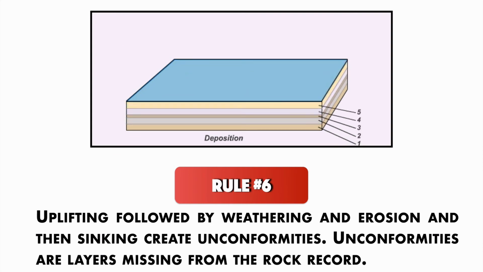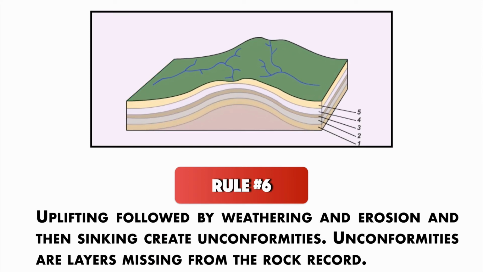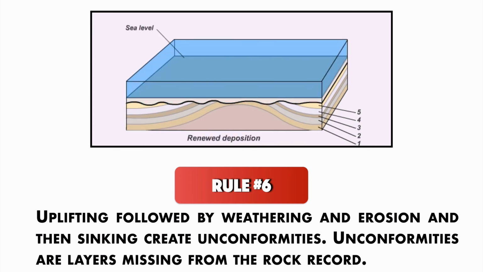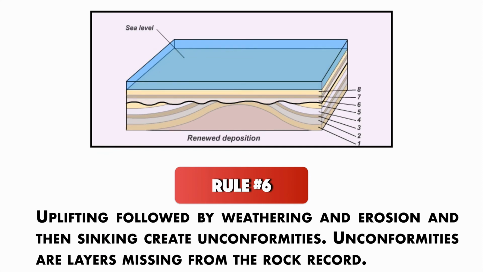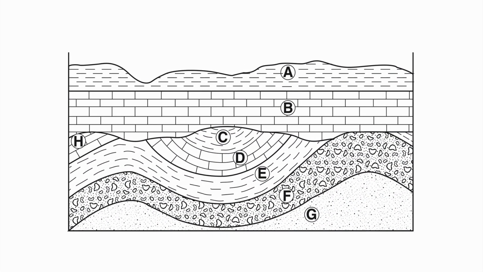So it's like a double weathering and erosion event. Always spot an unconformity by a squiggly or wavy dark line. So spot the unconformity. And let's try to put this together.